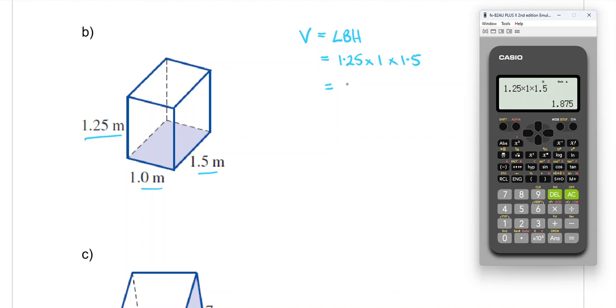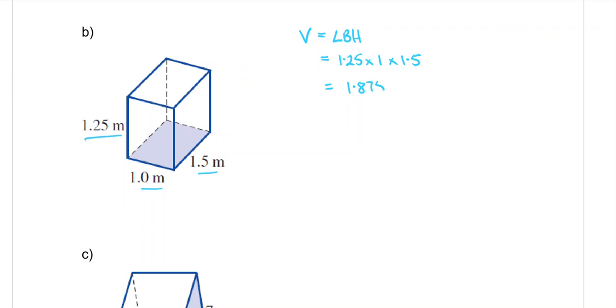That is 1.875, and this would be measured in metres cubed. Metres cubed are exactly the same as kilolitres. That's 1.875 kilolitres. But remember, we want to turn it into litres. Kilolitres are bigger than litres, so we're going to need to times by 1,000, which is 1,875 litres.